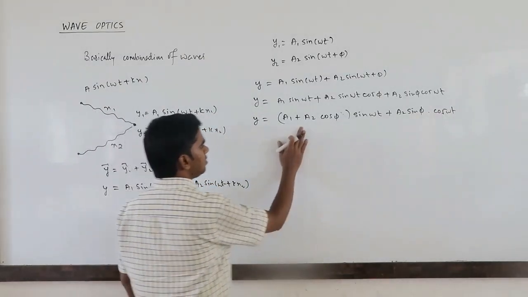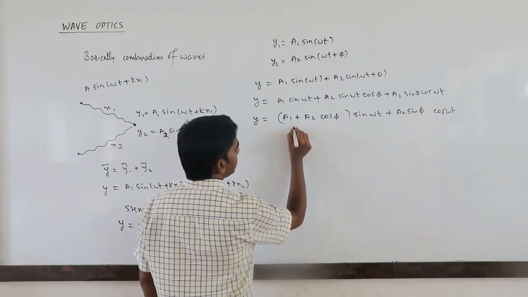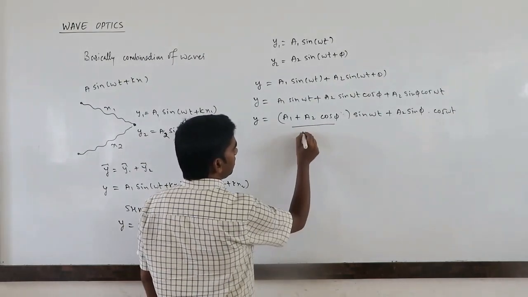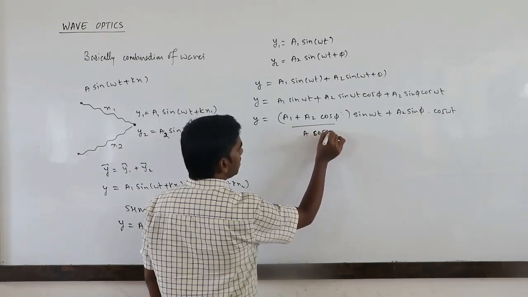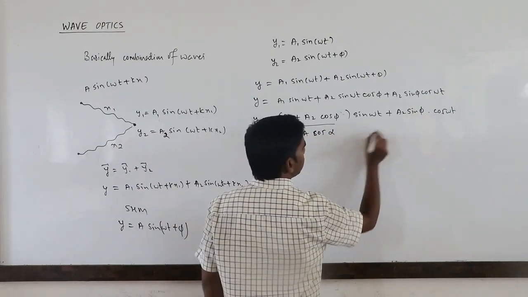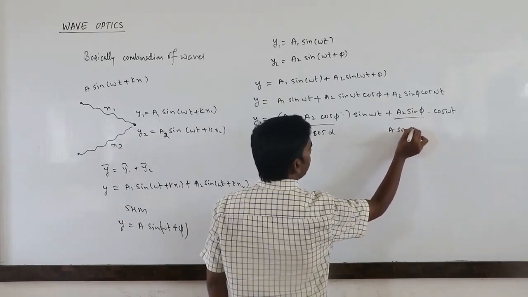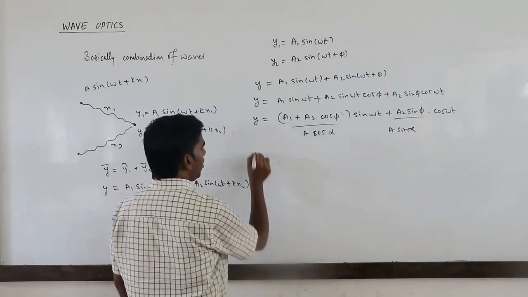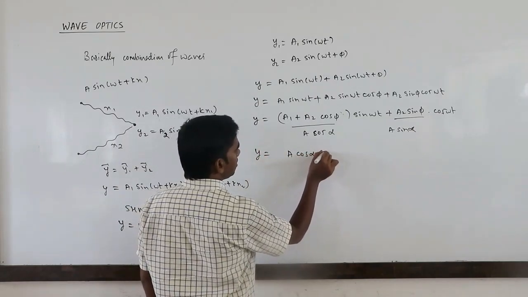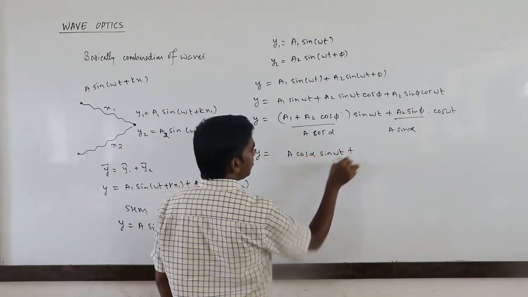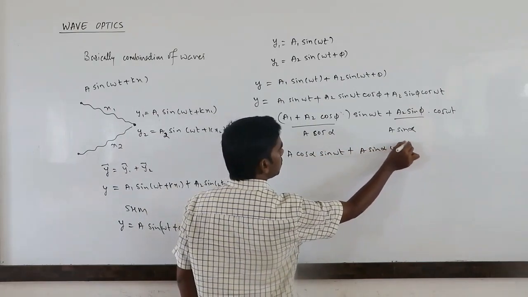To simplify this, I will substitute the first coefficient as A cos alpha, and the second as A sin alpha. Now y becomes A cos alpha sin omega t plus A sin alpha cos omega t.